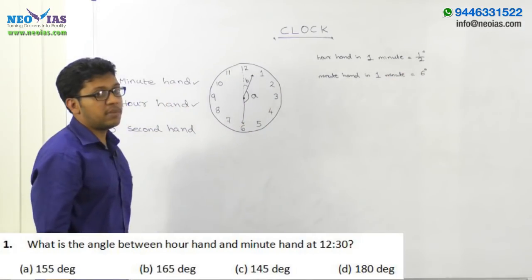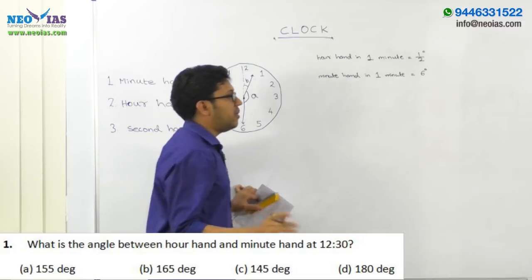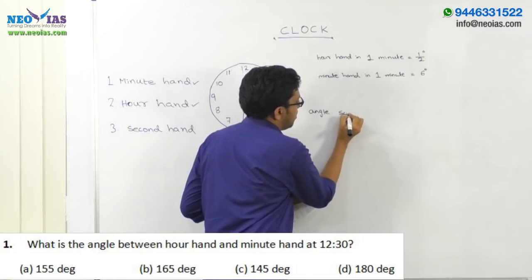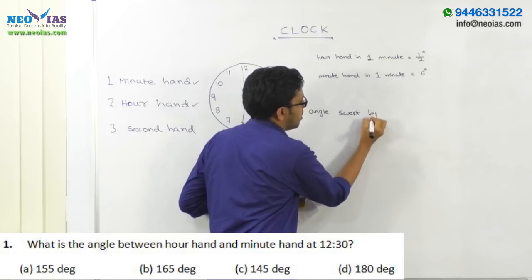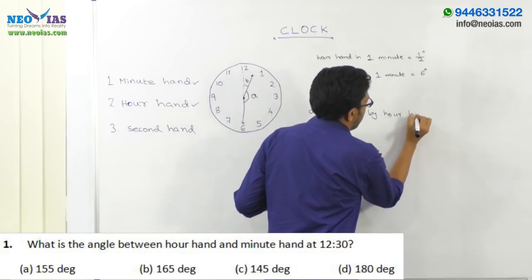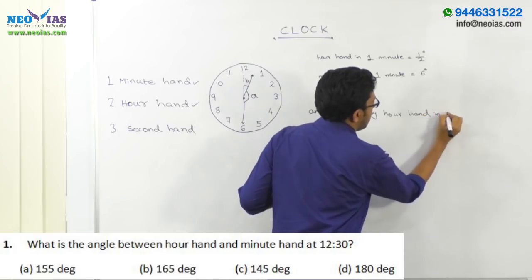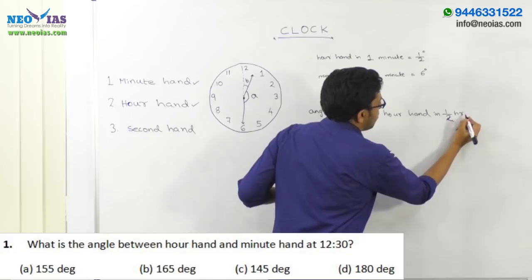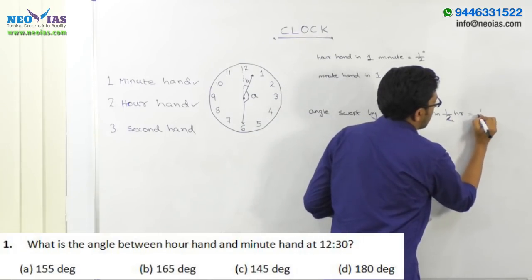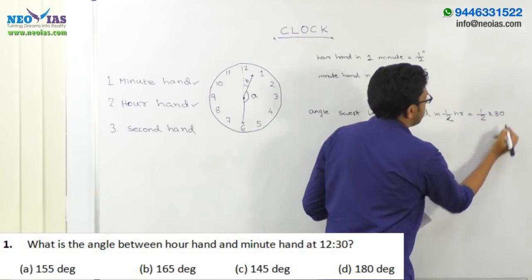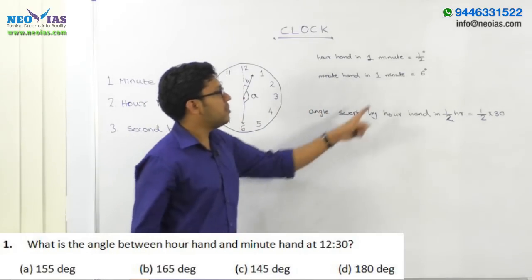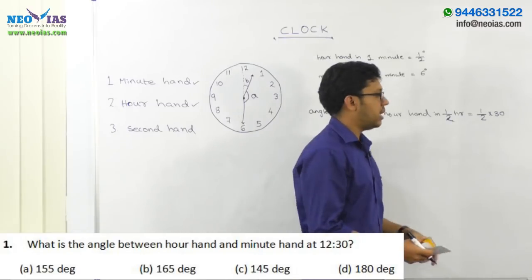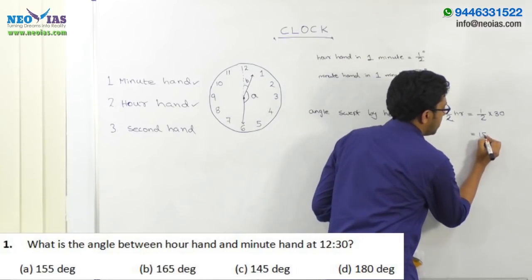Then angle swept by the hour hand in half an hour is half into 30 degrees, that is 15 degrees.